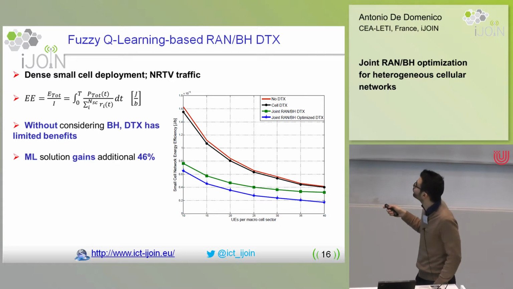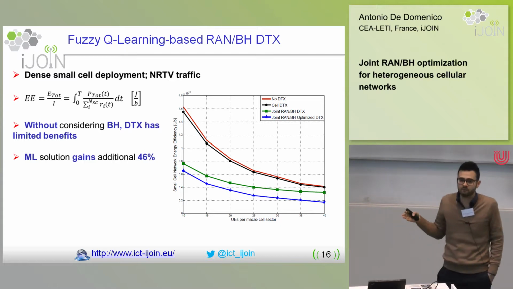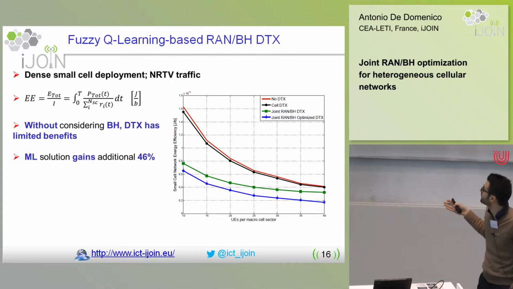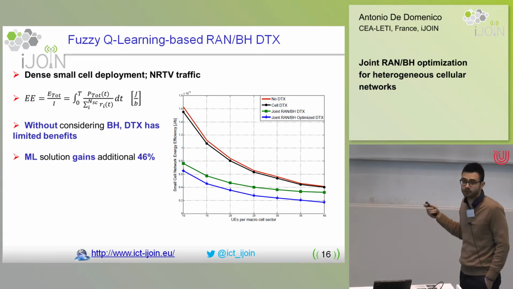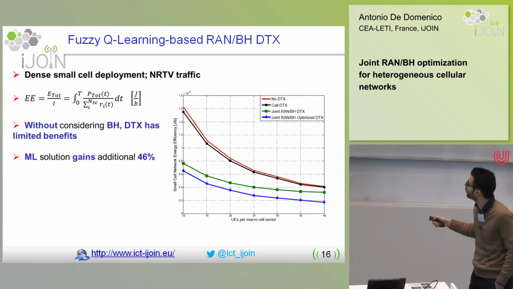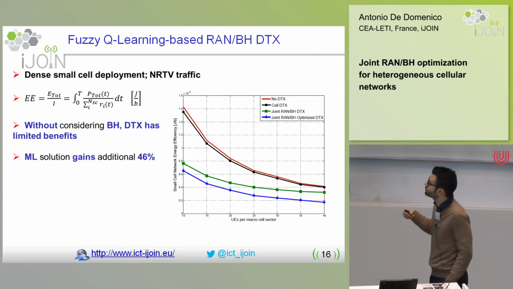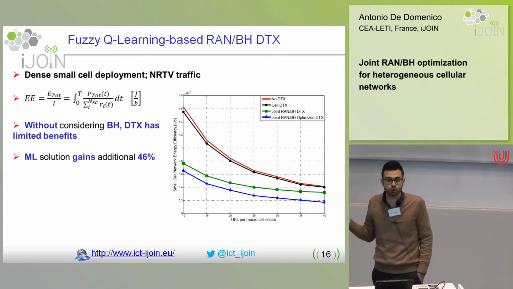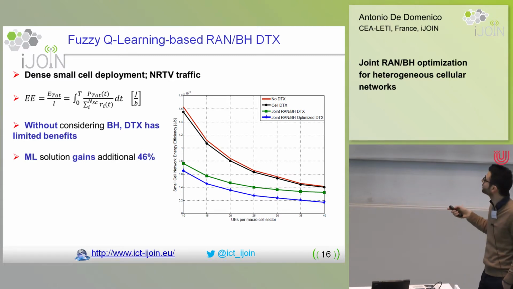As you can see, if you do not consider the backhaul in the game, your gains are very, very limited. It's basically nothing. But when introducing the backhaul, you can have very important gains, especially in lightly loaded scenarios. But then, if you exploit this machine learning solution, you can profit from additional gains in terms of energy efficiency.